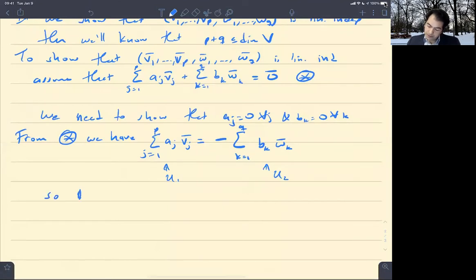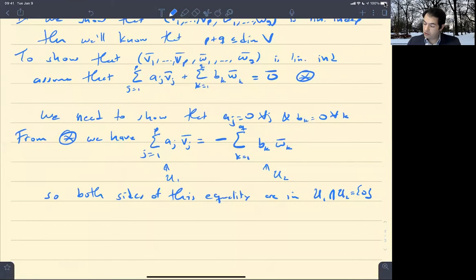So both sides of this equality are in U1 intersect U2, but U1 intersect U2 is just the 0 vector.